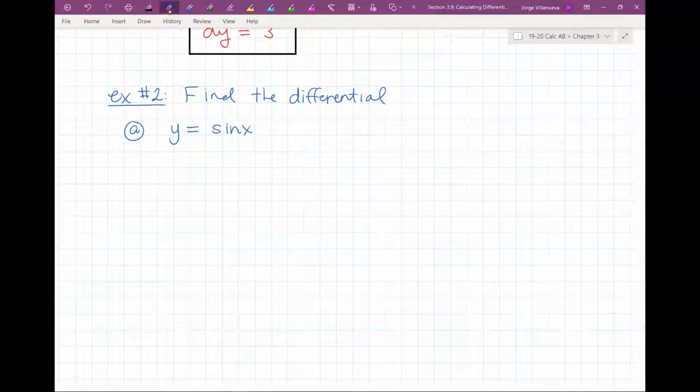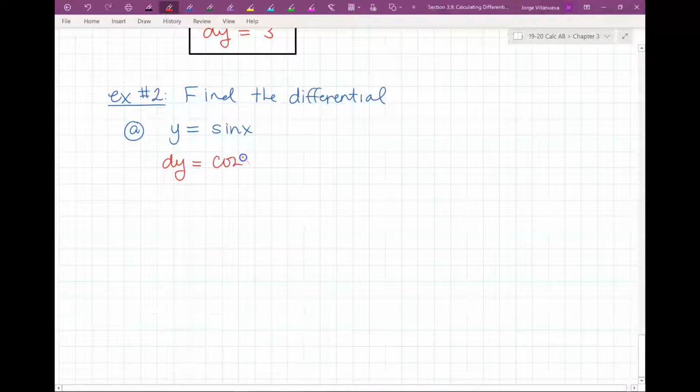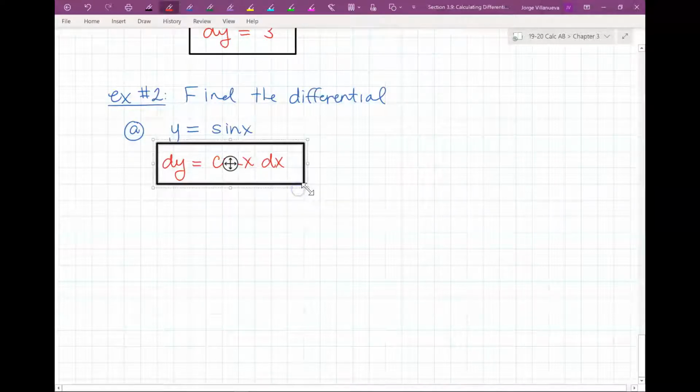So the differential of y equals sine of x, so dy, would be equal to the derivative of sine of x, cosine of x, and then just write dx, and you're done. Notice the only difference is that instead of writing dy/dx equals cosine of x, I'm writing the dx on the right side. So it's nothing like a big major change.